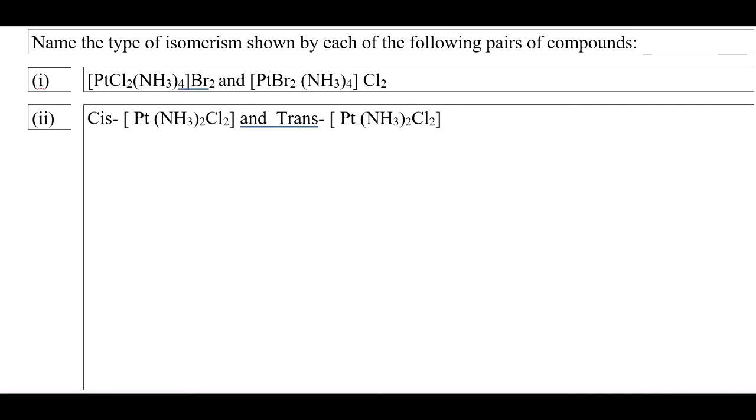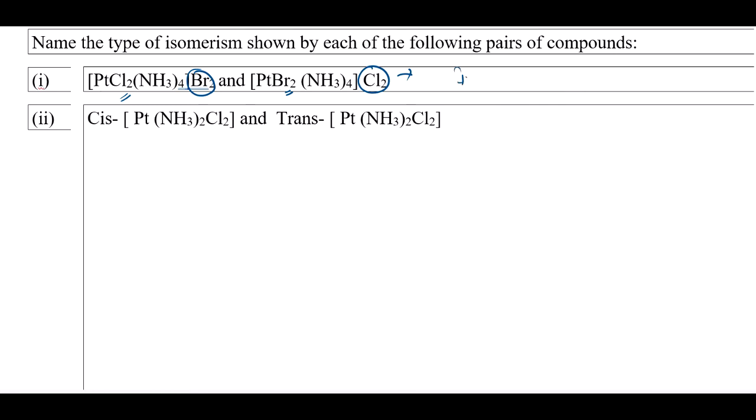Okay, so here we are having platinum tetramine dichlorobromide and platinum tetramine dibromochloride. The basic difference is, if we ionize, here we will get chlorine as an ion, but here we will get bromine as an ion, because chlorine is inside the coordination sphere in one, and bromine is inside the coordination sphere in the other.